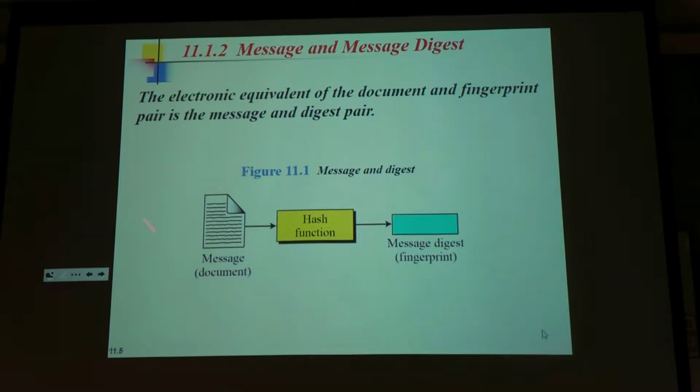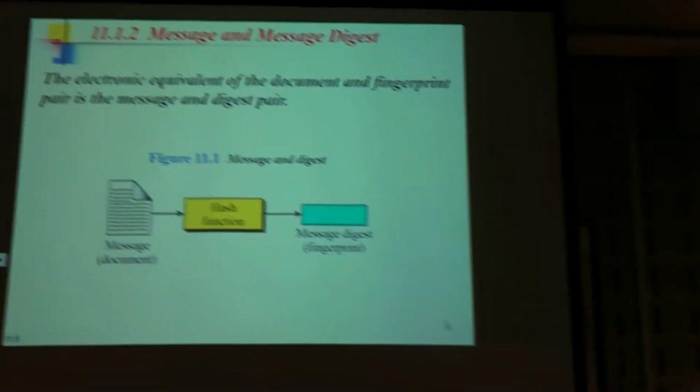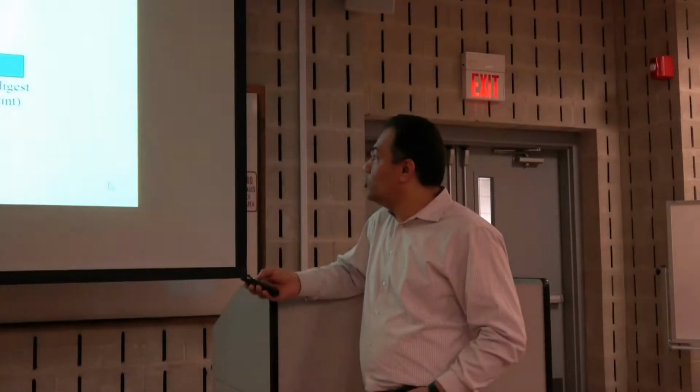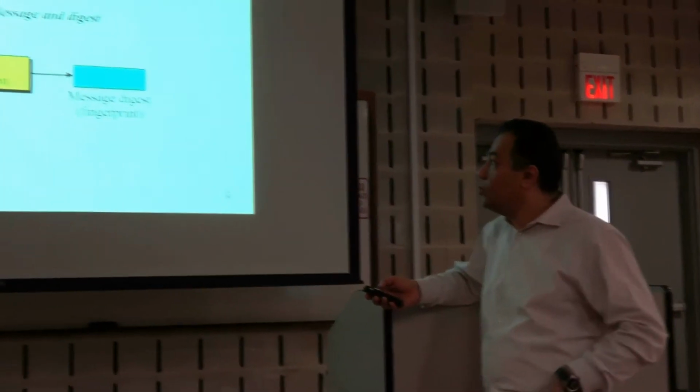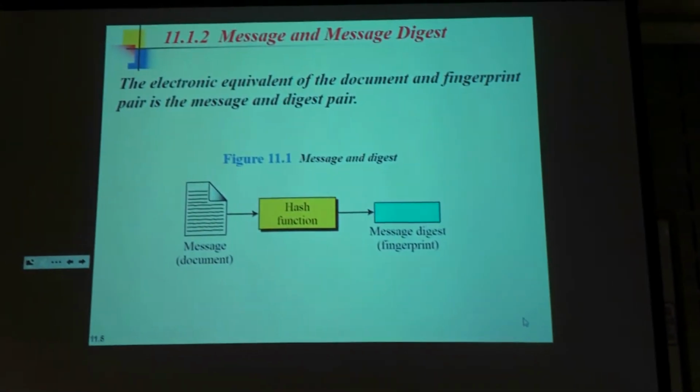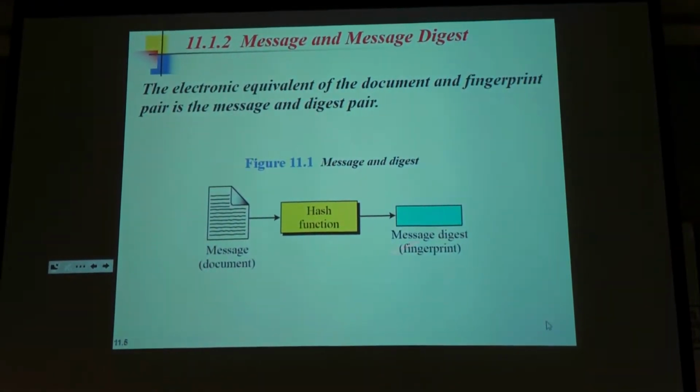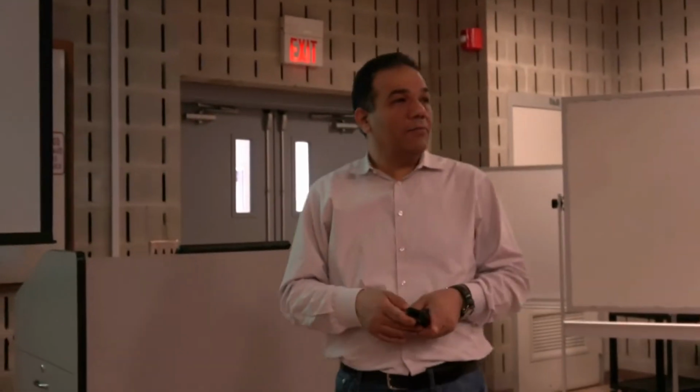Usually the message could be any length, however the digest is always a fixed size, alright? So that's what we create using this function. We create the digest, or we call it a fingerprint, or whatever you want. And you attach the digest to that message, as you attach your signature in real life.